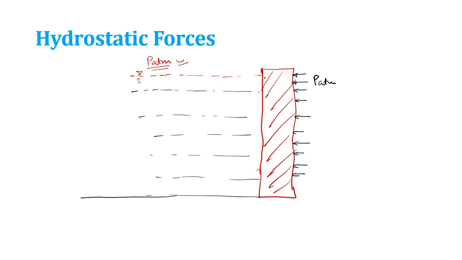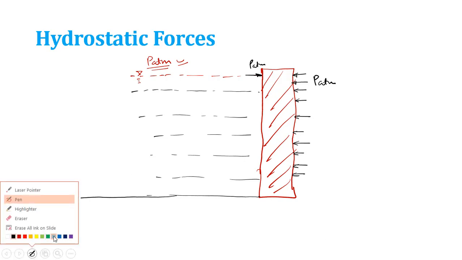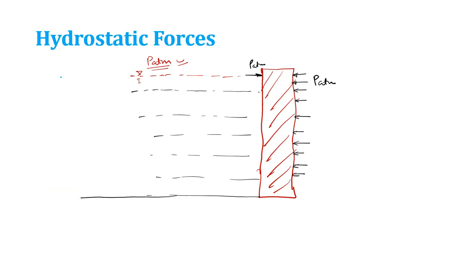On the top layer here also it will be P ATM, right, and in addition to that we have studied that with height, because acceleration due to gravity is downward, that is g, the pressure will increase linearly with distance from this point.